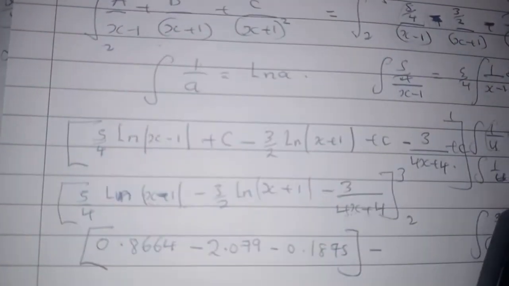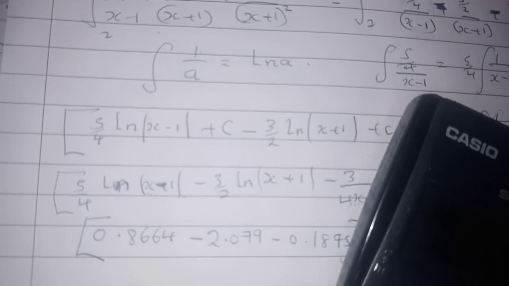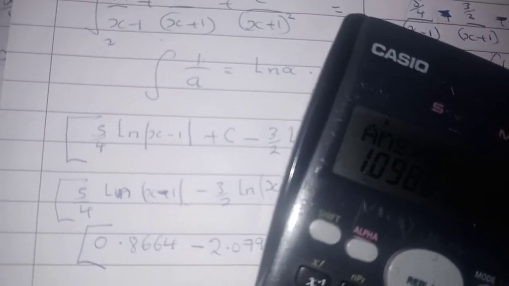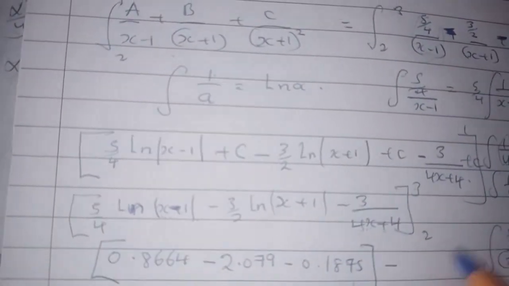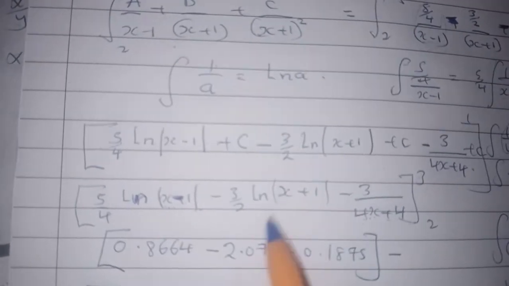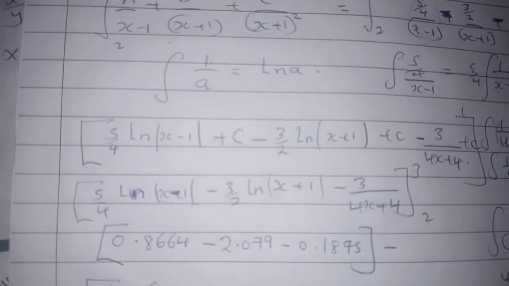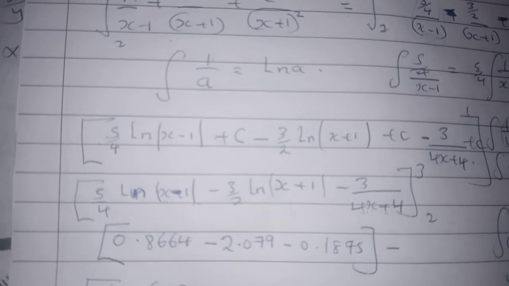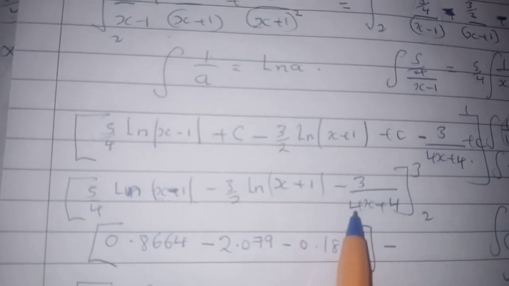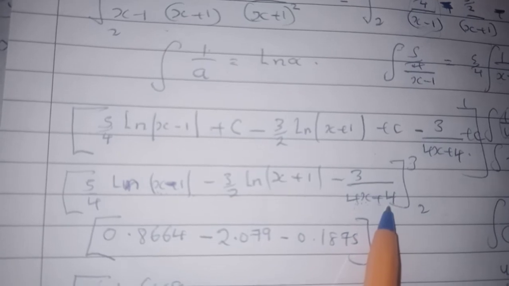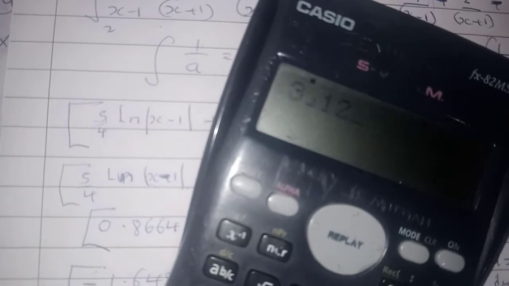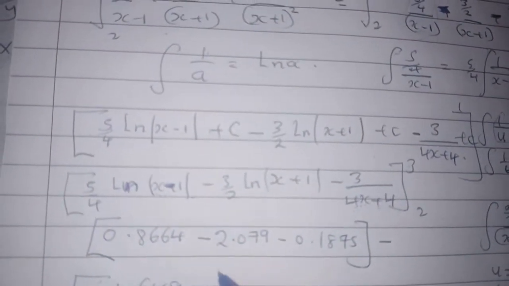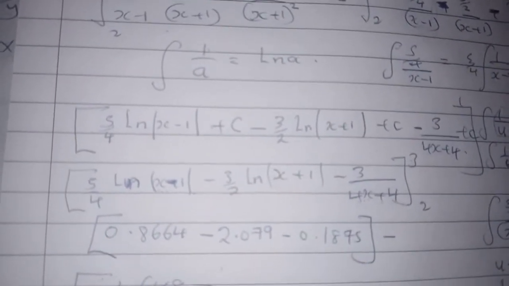So multiply by 3 over 2. It's just 1.648. So it will be minus, but this one is minus 1.648. Then minus, substitute with 2 here, it will be 4 times 2, which is 8. 8 plus 4 is 12. So 3 over 12, just a quarter. So minus a quarter, which in decimals is 0.25.